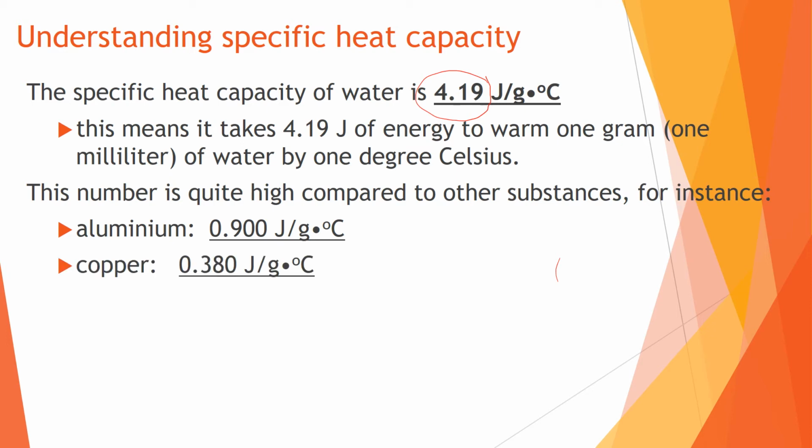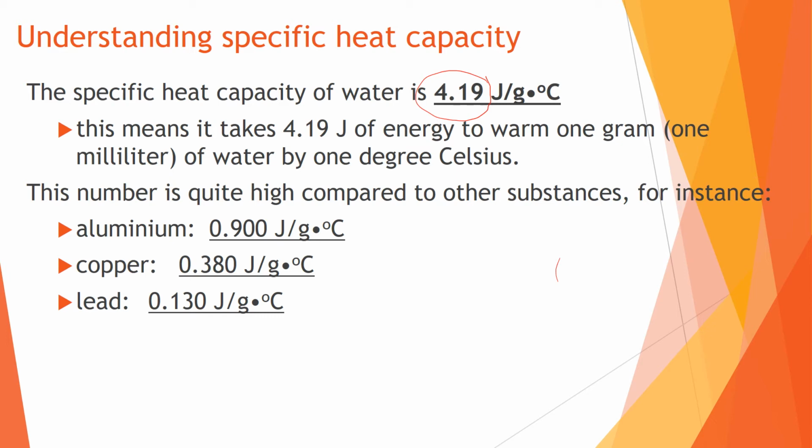Okay, copper. Look, copper is very low, right? It doesn't require much energy at all in order to get a gram of copper to move up 1 degree. 0.38 joules. Right? Again, remember, water is 4.19 joules. That's a lot of energy. Lead, even less, 0.130 joules per gram degree Celsius. So it requires a tenth of a joule of energy to get a gram of lead to move up 1 degree Celsius.